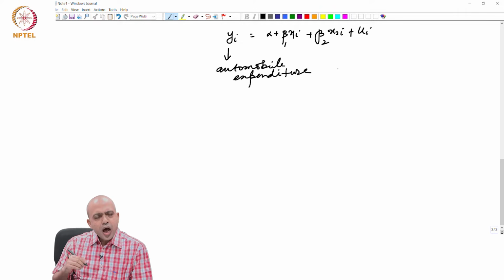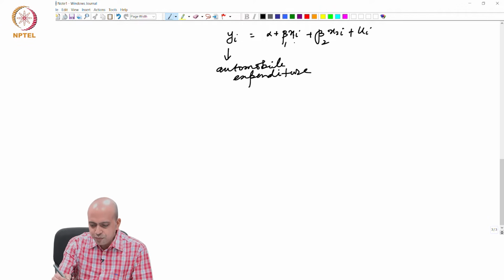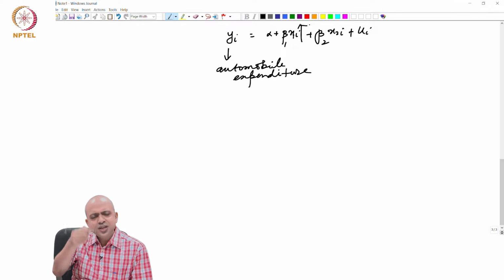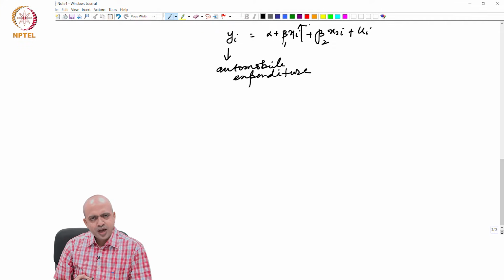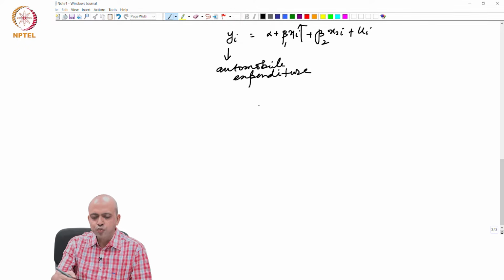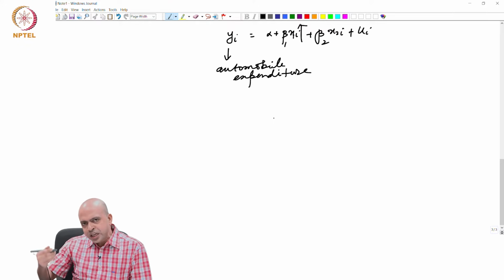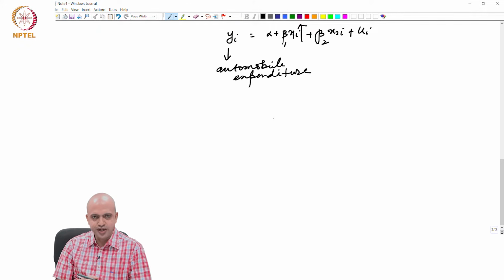So here I want to know, as income increases, what is the change in an individual's automobile expenditure? If you recall your basic microeconomics, it is nothing but elasticity: elasticity of automobile expenditure with respect to income, right? When your income changes by 1%, what is the change in your automobile expenditure?